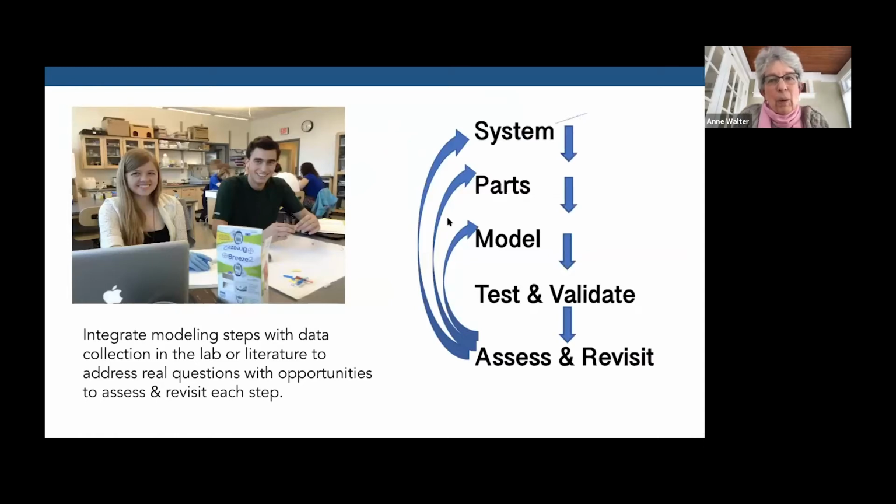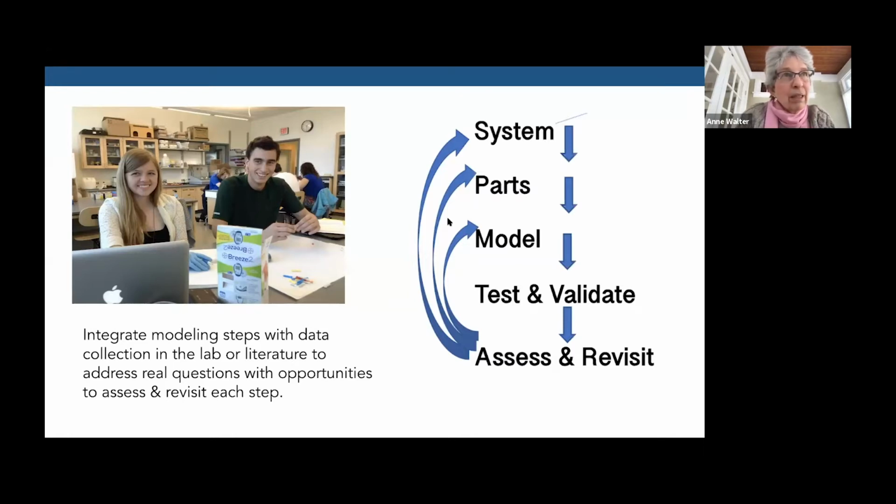Okay, so in a modeling course, it's really important to separate things into parts. And so we spend a lot of time integrating the modeling steps with data collection, and our data collection occurs in the lab or via the literature. Our goal is to address real questions, and we also are very cognizant that it's important to reassess what we've learned from doing the modeling, revisiting each step in the modeling.